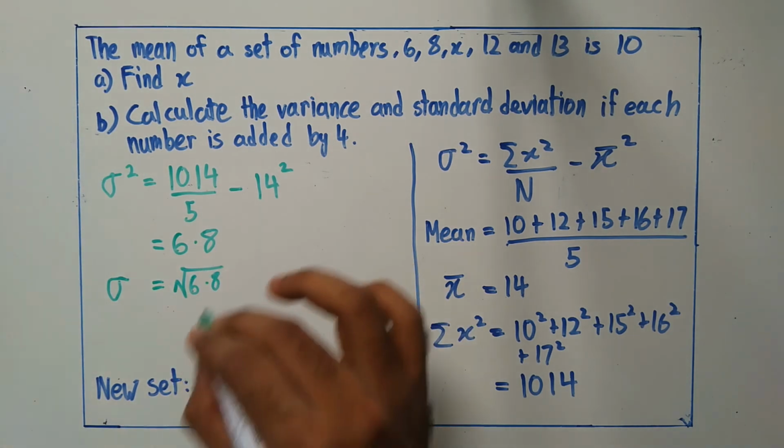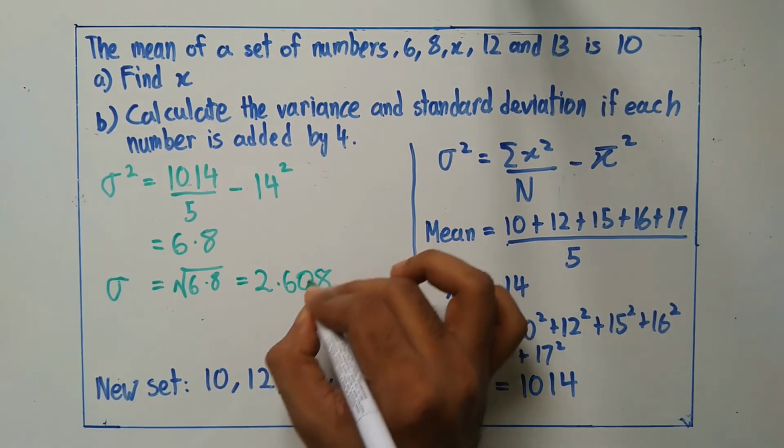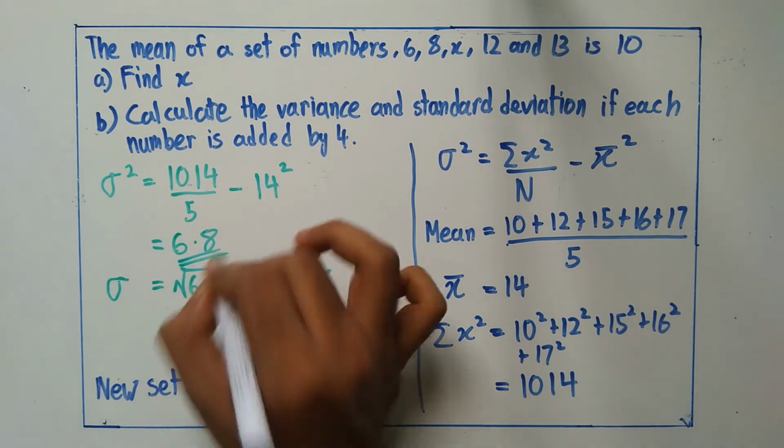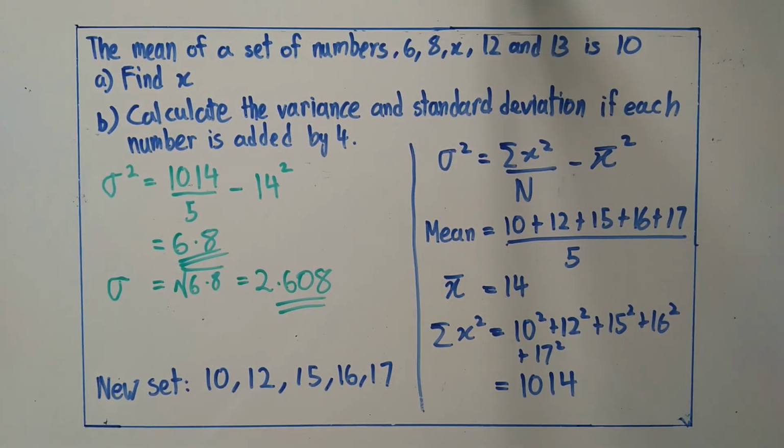It will give us 2.608. Here, we learned how affecting the values of the dataset will affect the mean value and the variance and the standard deviation of the dataset.